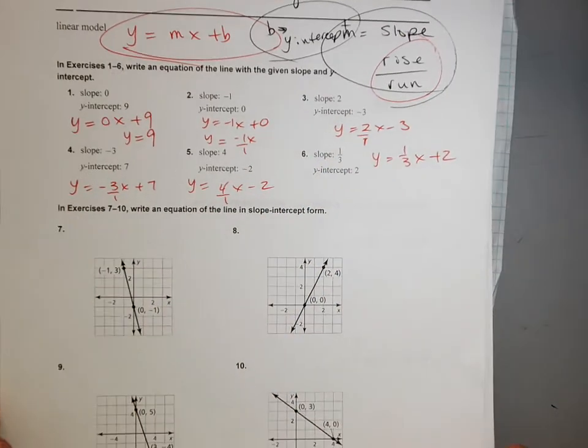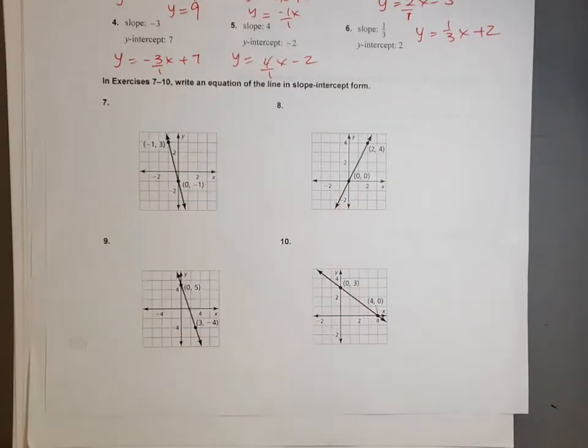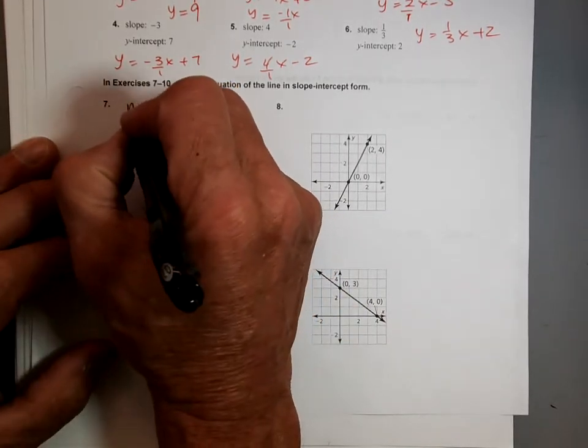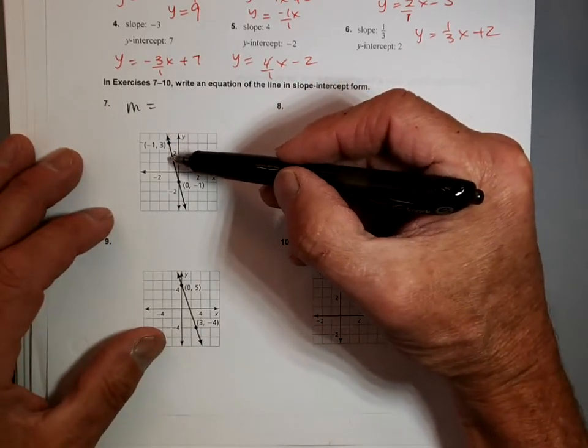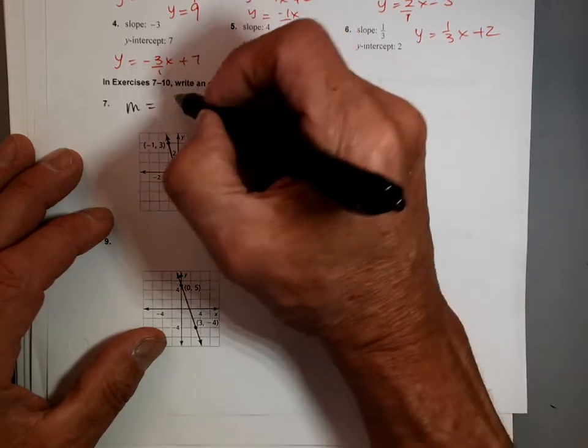Okay, now 7. If you can count, and if you have the squares, then making the graph is pretty easy. Okay? So instead of using my formula, if you can count, it's easier. So right off the bat, I'm going to go y, the slope. Looks like I'm going to go down 1, 2, 3, 4 over 1.